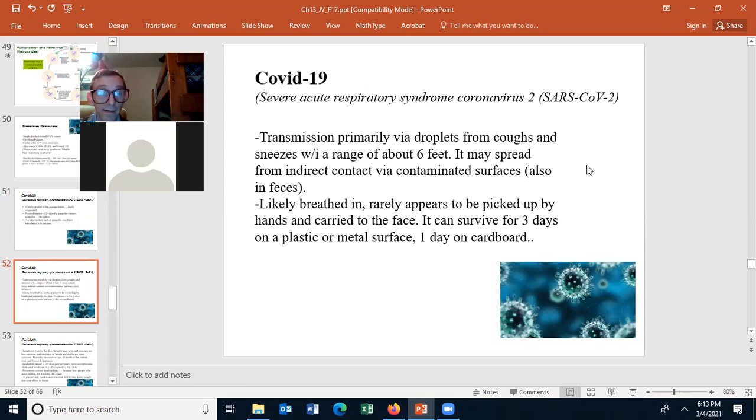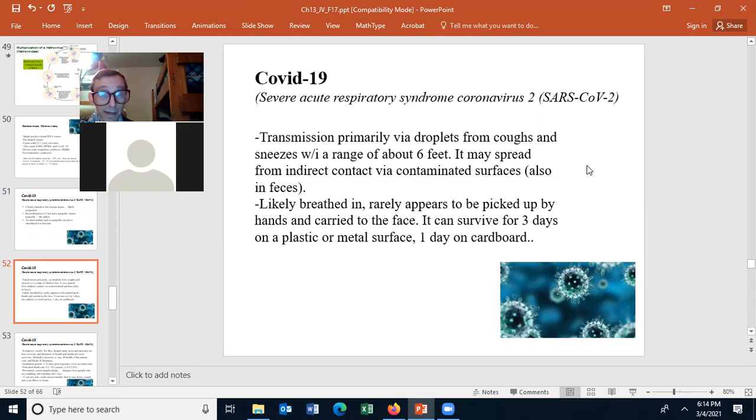But it doesn't tend to spread that way, meaning coronavirus tends to spread directly from people to people. It can spread other than that, but it tends not to. I'm just going to word it that way. Most of the cases of coronavirus, people get it directly from other people, being within 6 feet of someone who had it.